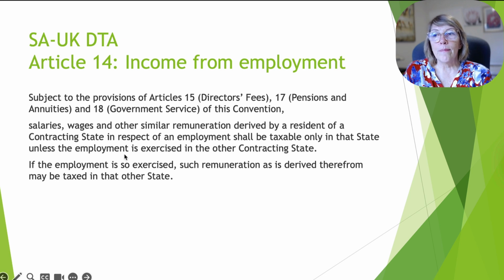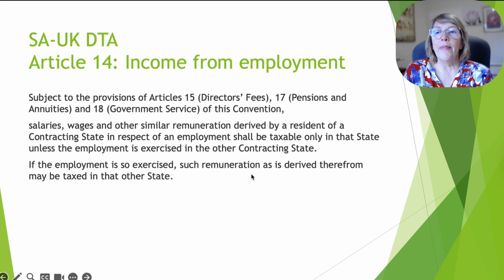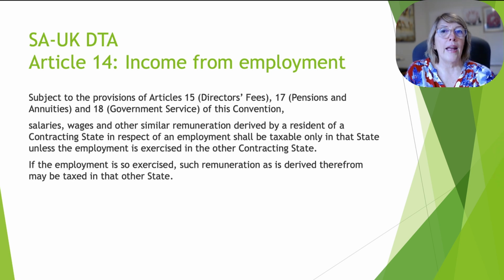But unless the employment is exercised in the other contracting state. And if the employment is exercised in the other contracting state, then that remuneration may be taxed in that other state. So we're saying if you're resident in South Africa, working in the UK, that income could be taxed in both countries. All right, and this is where the complication comes in.